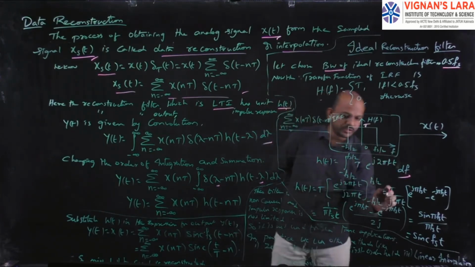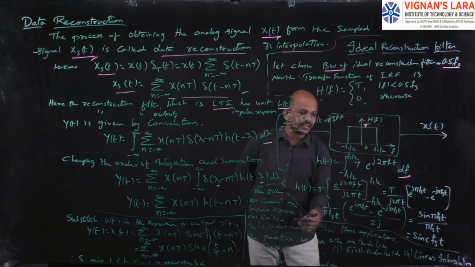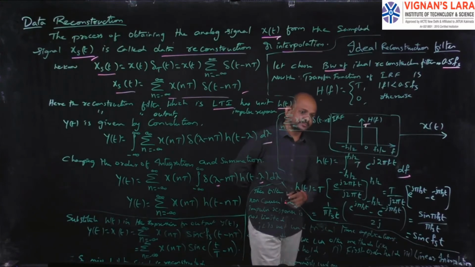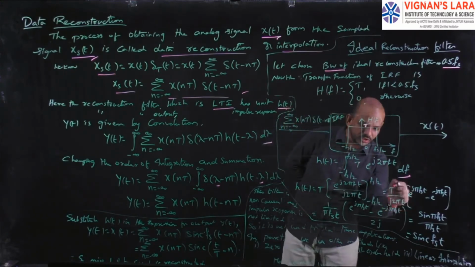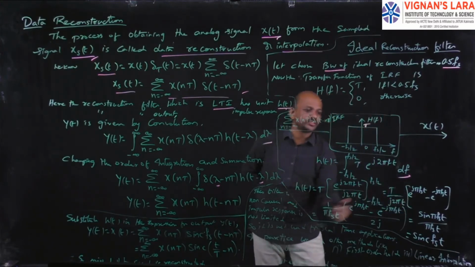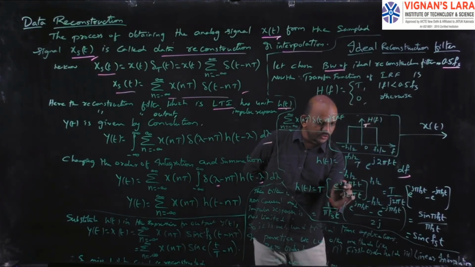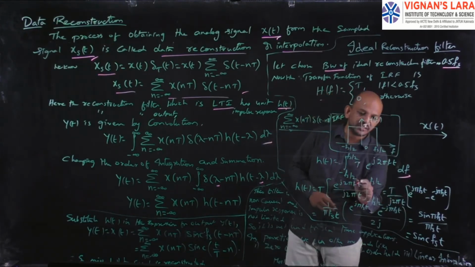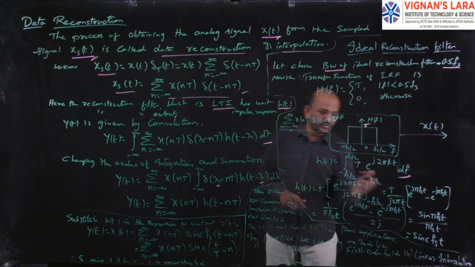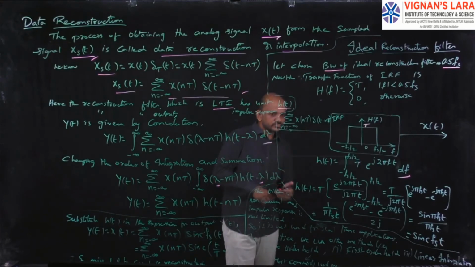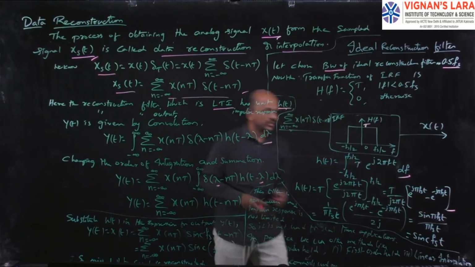So that will be T by j 2 pi t into e power j 2 pi f t. Now substitute the limits in place of f.